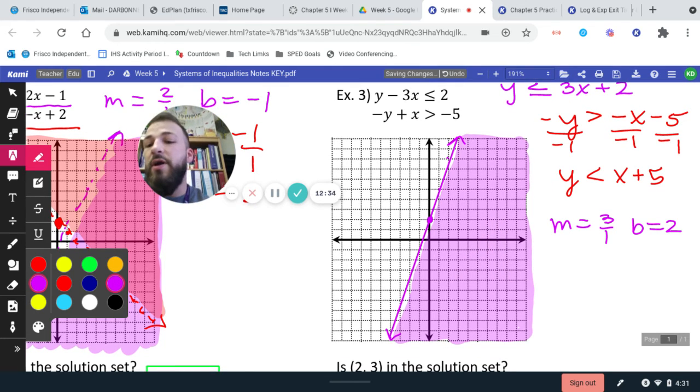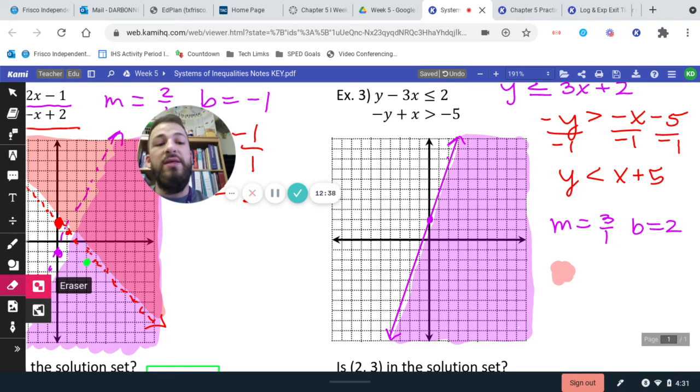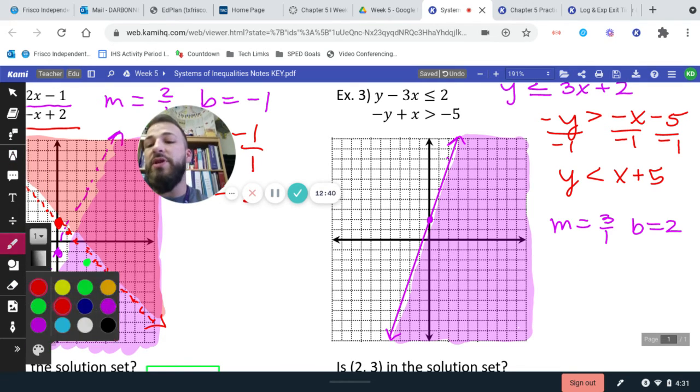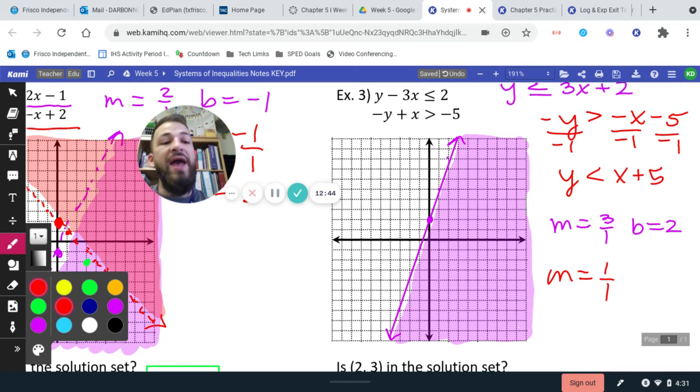Then for our second graph, x plus 5, m is 1, because that's the number we don't always write in front of our x. B is just 5. So for our y-intercept, it's up at positive 5. 1, 2, 3, 4, 5.